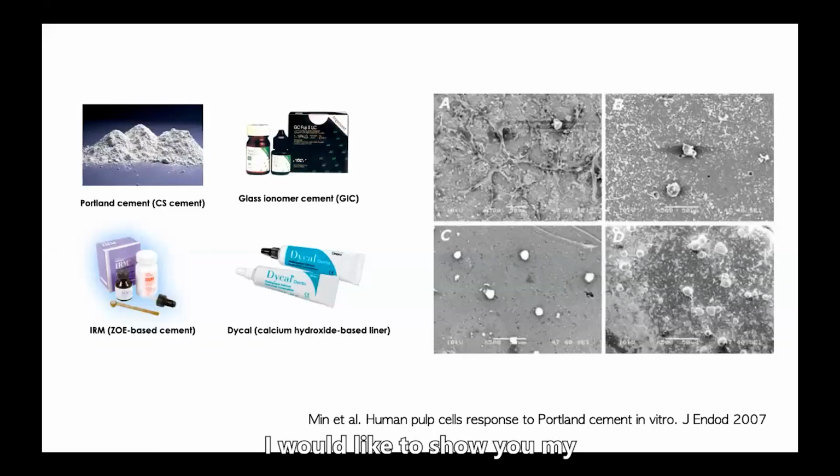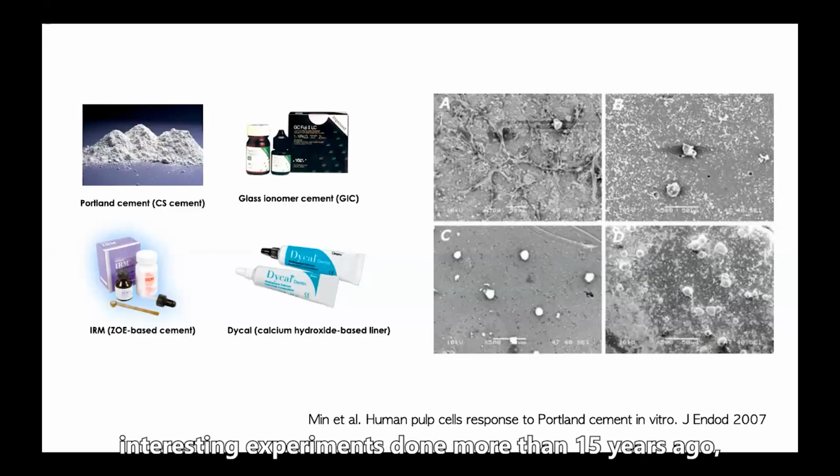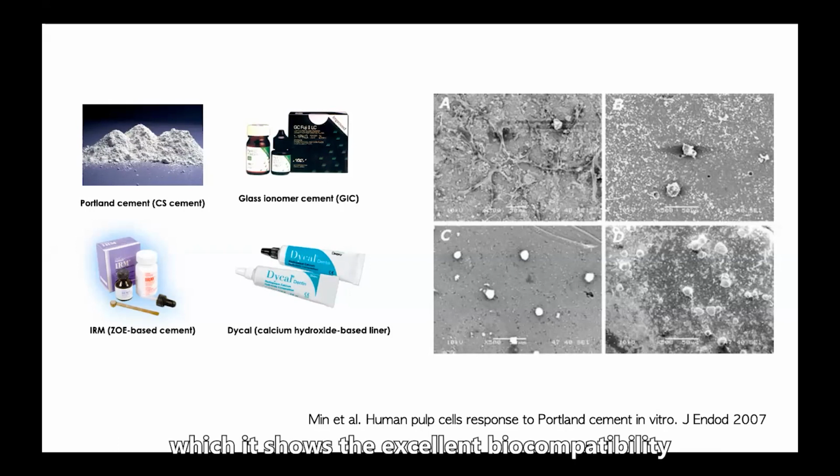I would like to show you my interesting experiment done more than 15 years ago, which shows the excellent biocompatibility of Portland cement. In this experiment, I cultured human dental pulp cells on Portland cement, glass ionomer, IRM, and calcium hydroxide. If you take a look at the same image A, the cells on the Portland cement grow well, attached well, and show numerous cytoplasmic extensions.